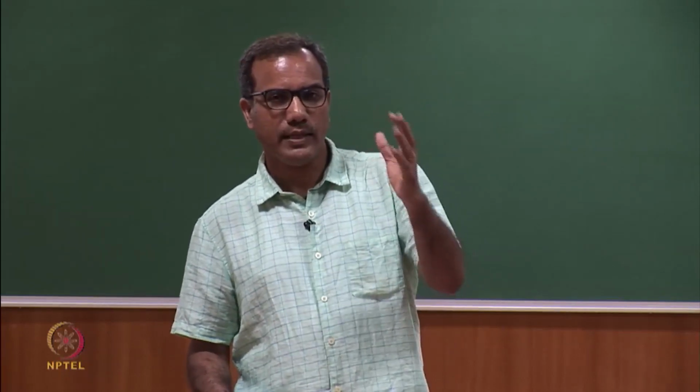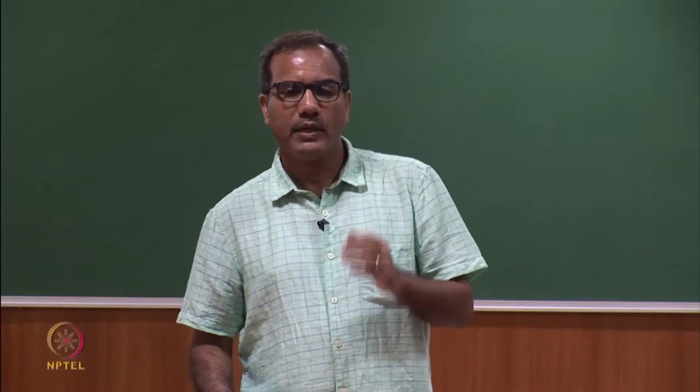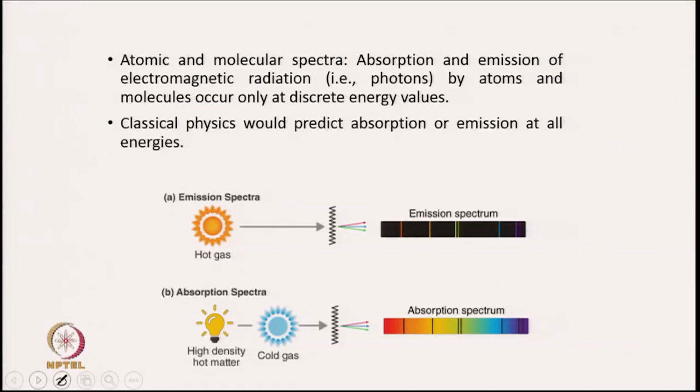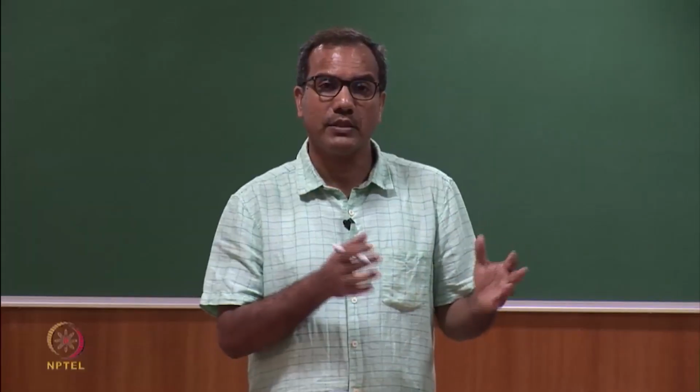If you look at the line spectrum, you will see that emission is happening only of electromagnetic radiation of discrete energy values, or emission is of a particular wavelength, not like the emission from the sun.